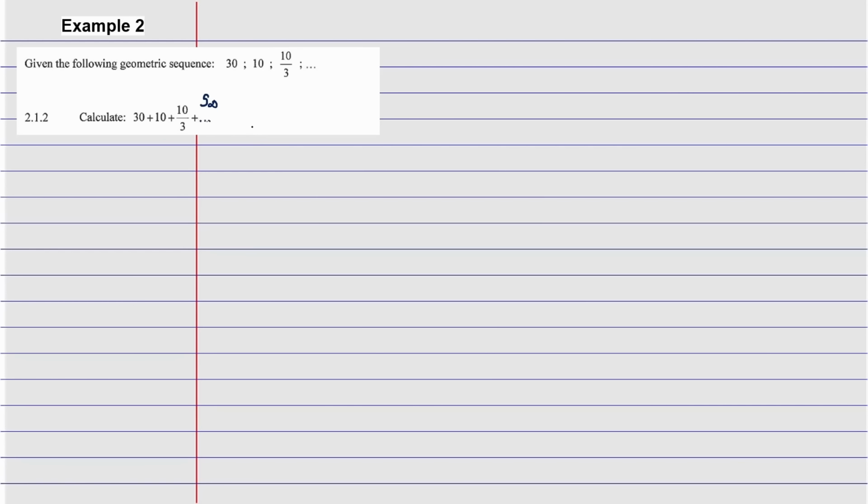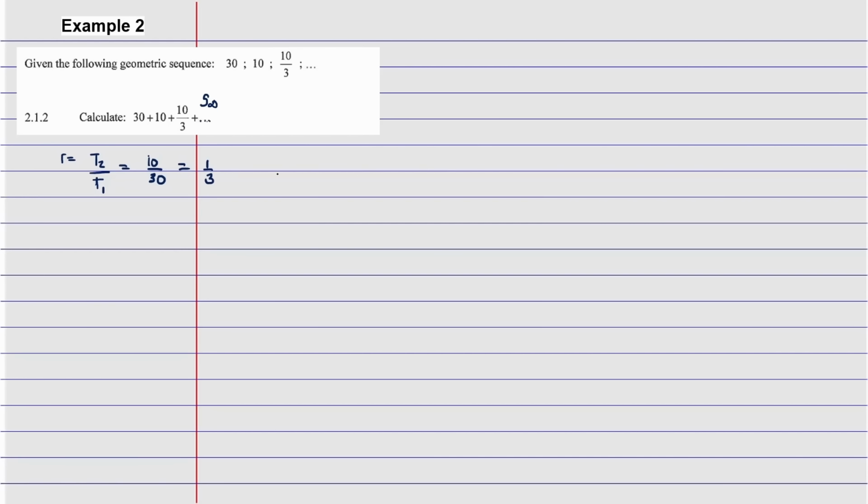So first we need to check whether r is between -1 and 1. Then we can calculate the sum to infinity, right? Because you need to check whether this is convergent or not. So let's calculate r. r is going to be equal to t2 divided by t1, which is 10 divided by 30, which is equal to 1 over 3, right?